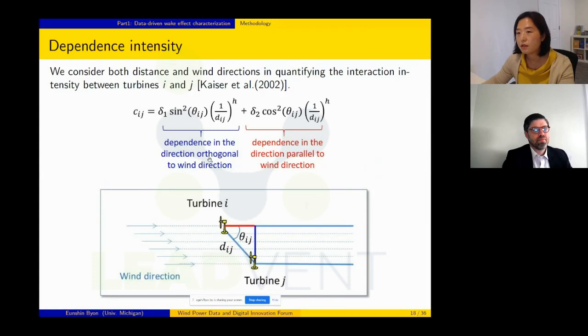And we note that this interaction intensity depends not only on the distance between the turbines, but also on wind direction. So we have this formulation to capture the dependency in the direction orthogonal to wind direction and the dependency in the direction parallel to wind direction.